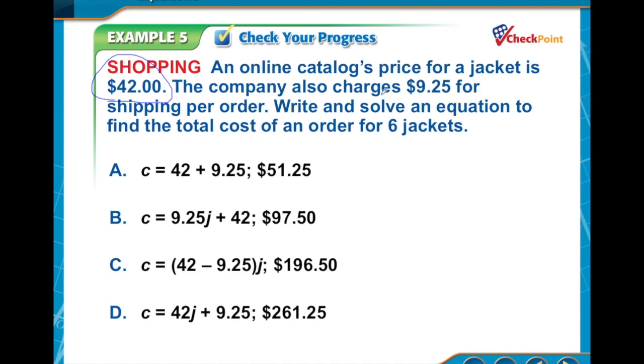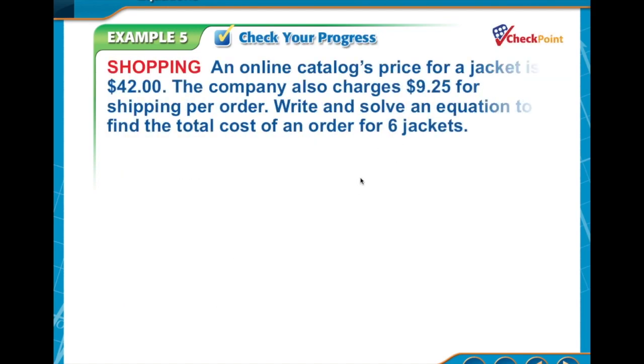They also charge $9.25 for shipping per order. We need to write and solve an equation, and find the total cost of 6 jackets. We're going to order 6 jackets and find out how much that costs.